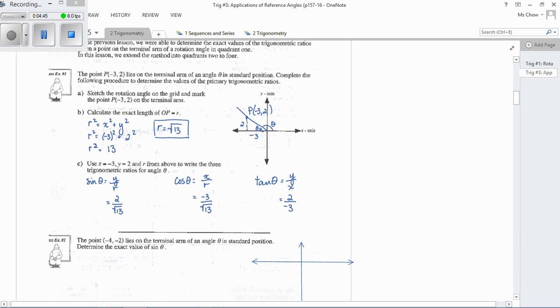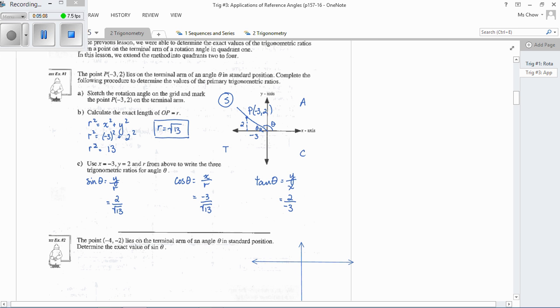A couple things to remind ourselves of as well is the CAST rule. Because we're dealing with the second quadrant, we know that sine is the only trig ratio that's going to be positive, and by looking at these trig ratios, that confirms that.